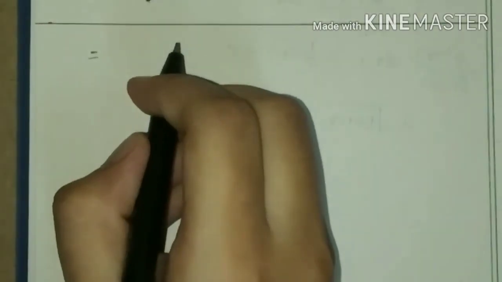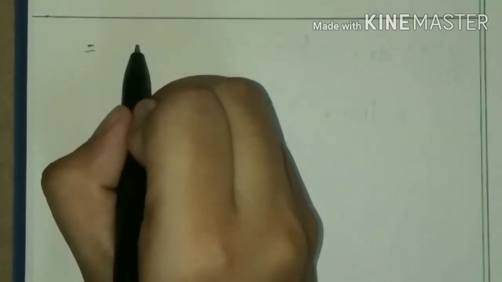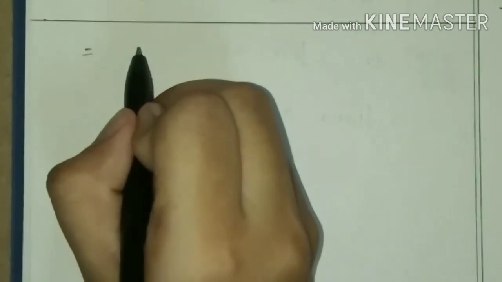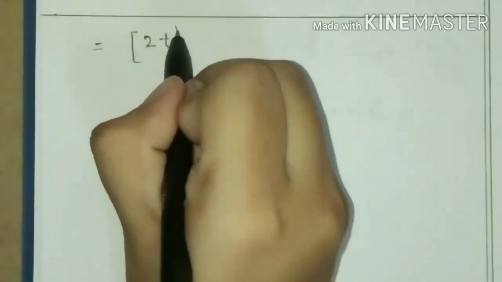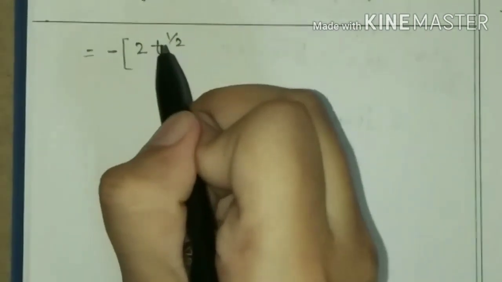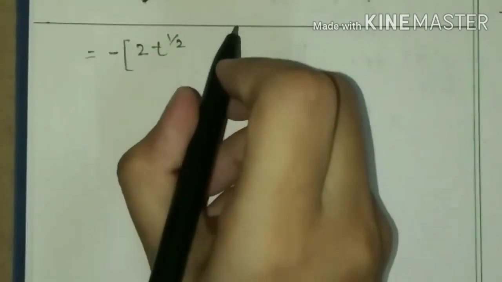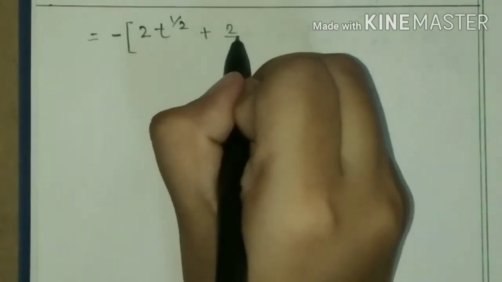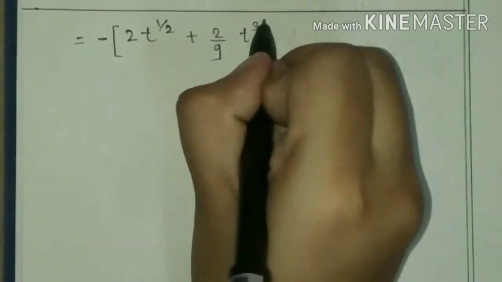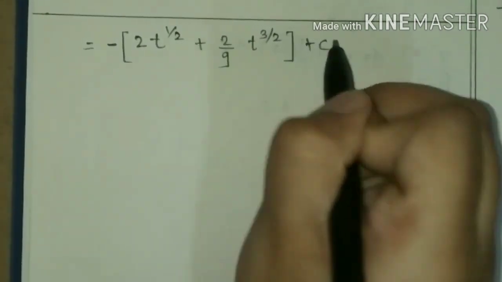So proceeding further with the sum, when we open the inside brackets also, we get 2 t raised to half, minus sign is still outside only, 2 t raised to half plus 2 by 9 t raised to 3 by 2 plus c.